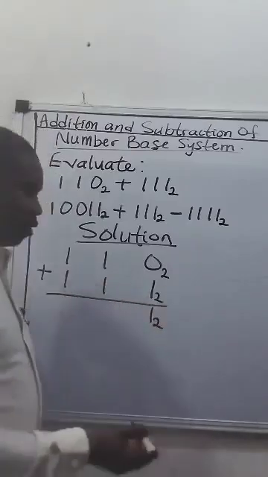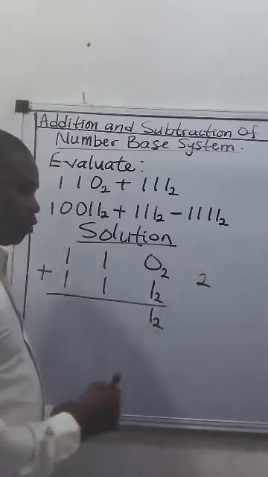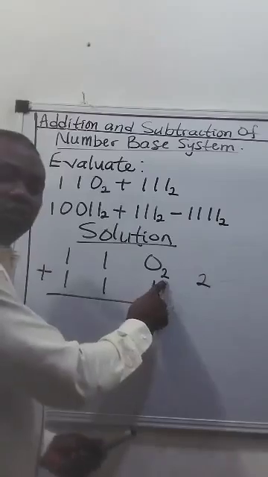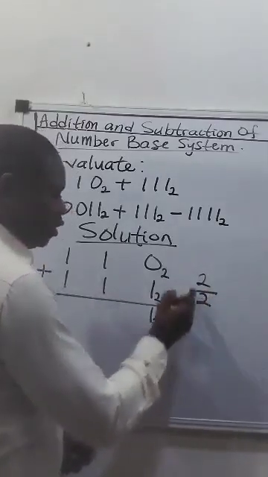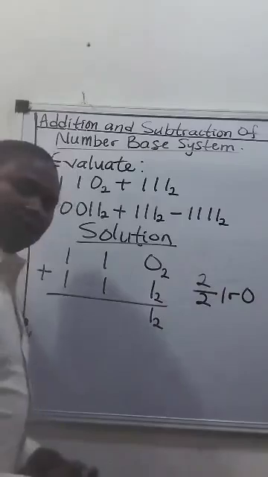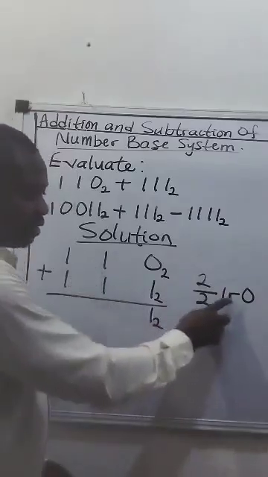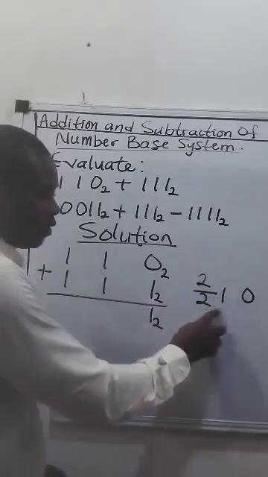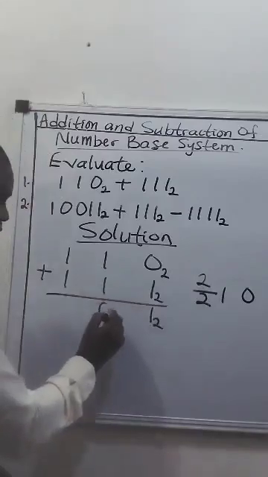We call it 10 because normally 1 plus 1 is 2. We cannot write 2 here because the base is 2. So we have to divide the answer by the base, by 2. So 2 divided by 2 will give us 1. The remainder is 0. So that is why we normally call 1 plus 1 is 10. So we have to put down 0.